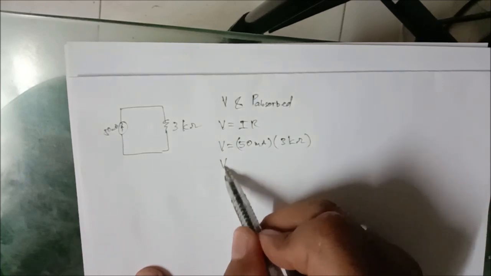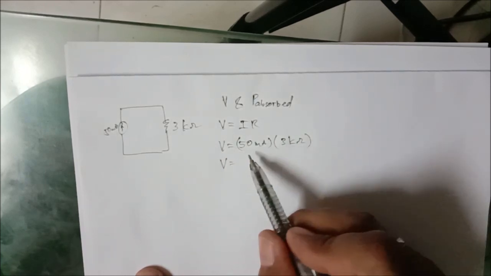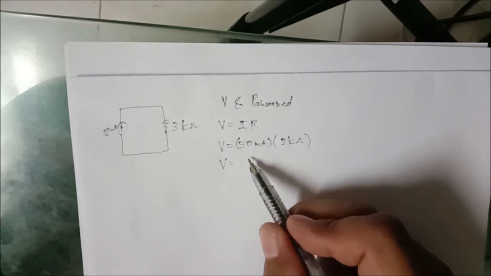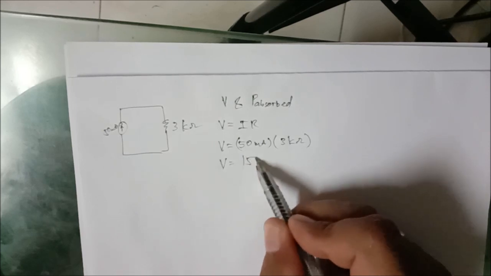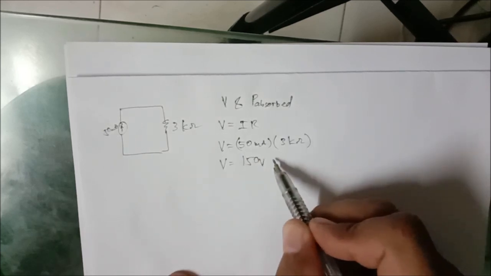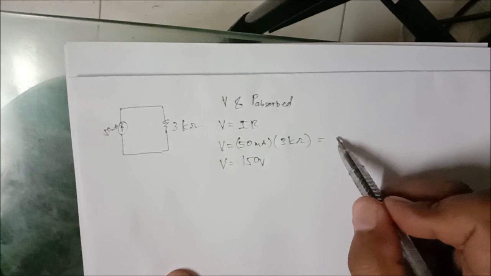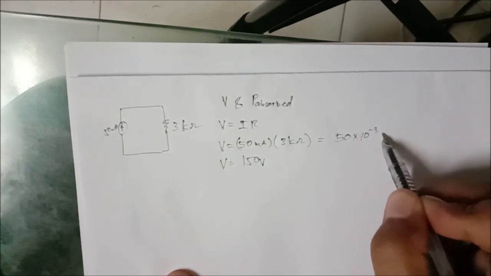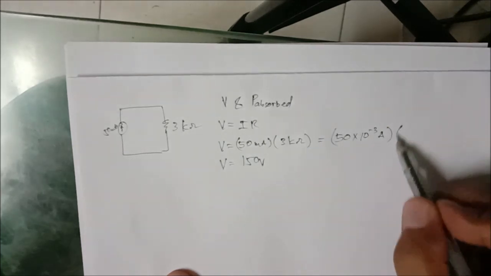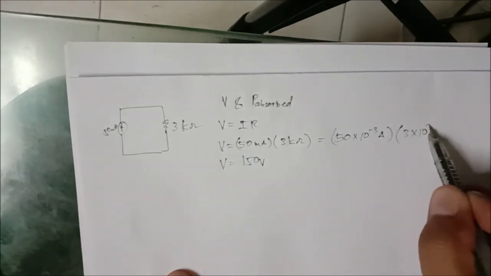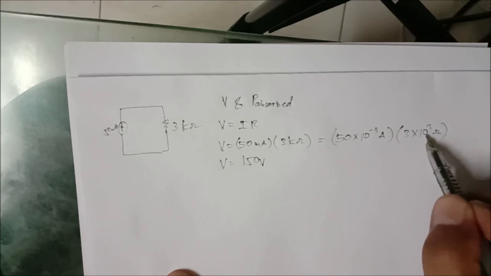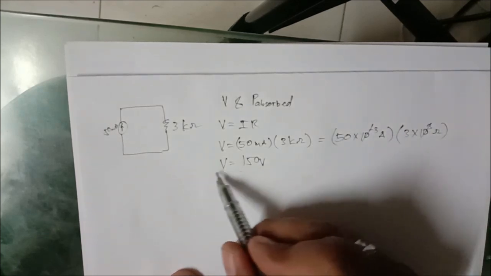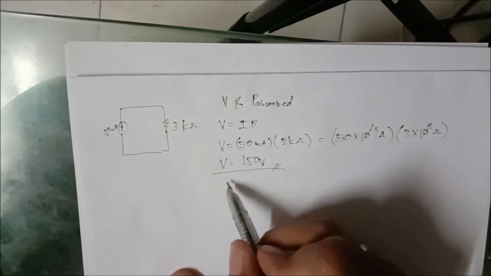So, magiging voltage is equal to 3 times 50 is equivalent to 150 volts. So, papakita ko kung paano na-cancel ha. 50 times 10 raised to negative 3 amperes times 3 times 10 raised to 3 ohms. So, di ba? Cancel lang yung 10 raised to negative 3 at saka 10 raised to 3. Kaya, nakuha natin 150 volts.